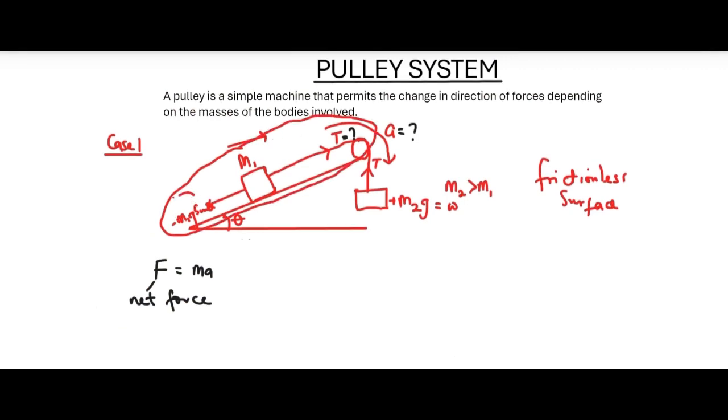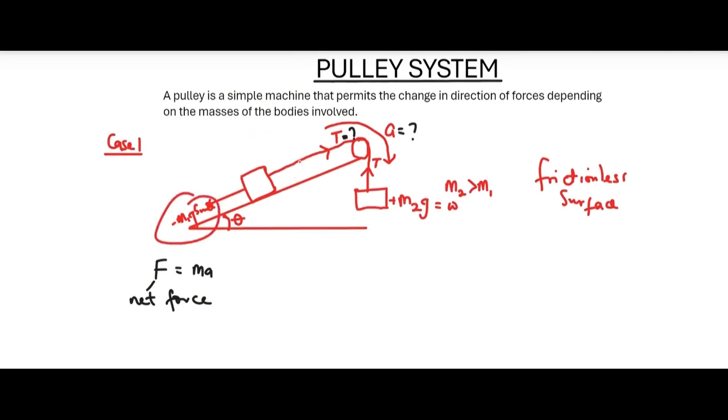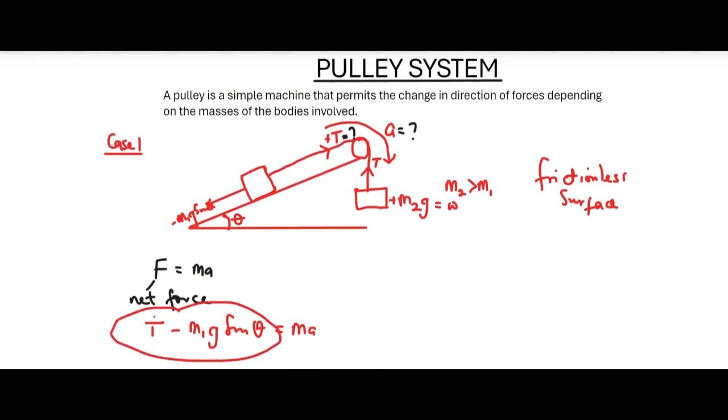I have this force here, and I have this force here. So I only have two forces, right? Now, you can think of this mass here. Whenever this is negative, this must be positive, right? So what do I have? I have plus T minus M1g sine theta equals M1a. The whole of this is your net force, right? This is the first equation.